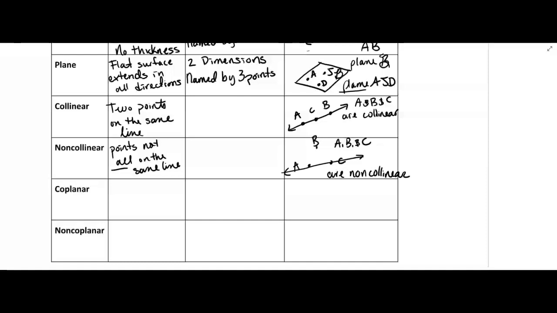Similarly, coplanar are points on the same plane. This can be a little tricky to show, but if this represented my plane and I had A, B, C, and D over here, D would not be coplanar, but A, B, and C are. So I could say A, B, and C are coplanar.